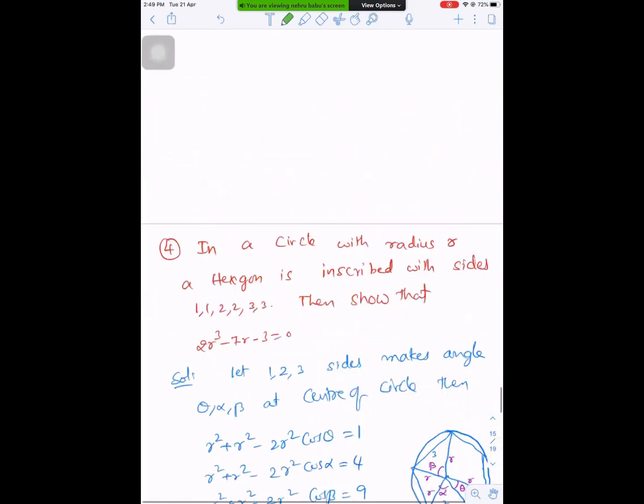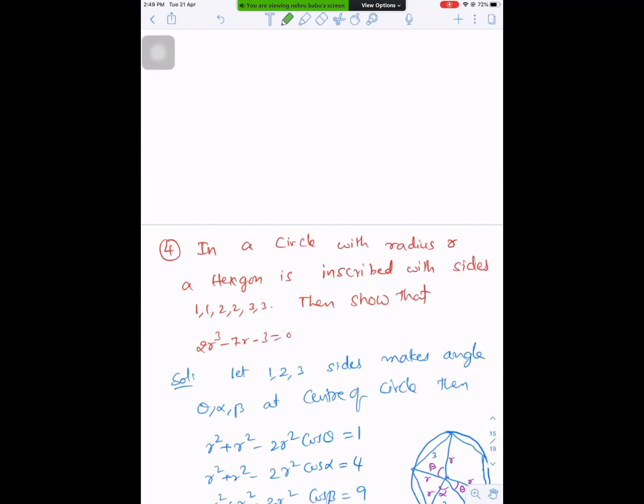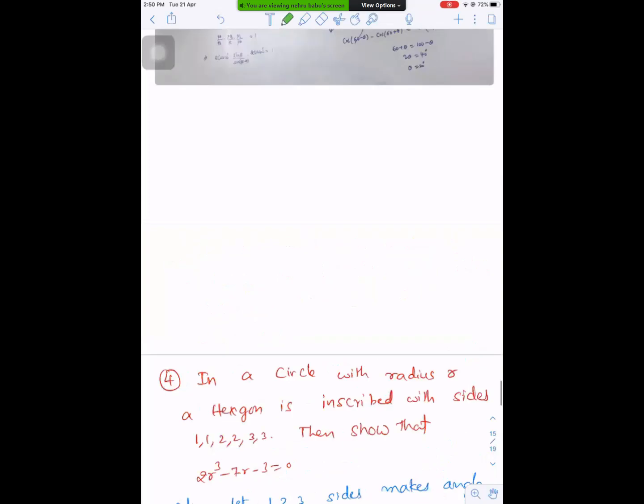Then show that 2r cube minus 7r minus 3 equals 0. Sir, is it supposed to be in the same order? No, it may be any order.